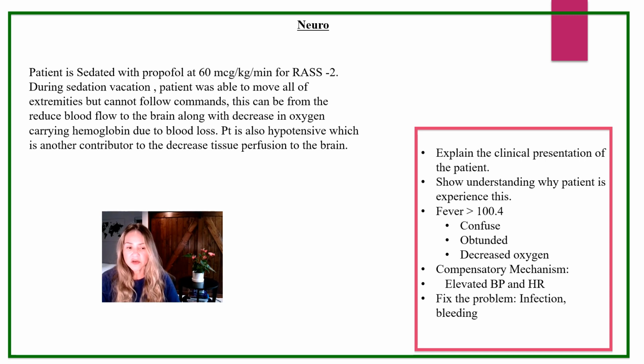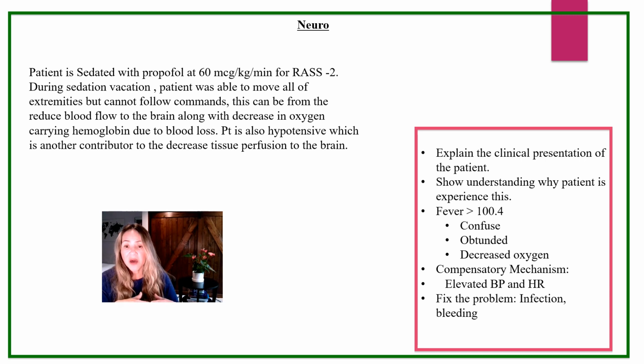And to do that, you need to understand that oxygen is one of the most important things for your brain. Your brain only cares about two things, glucose and oxygen. And when you don't have enough oxygen is when you're going to start seeing changes in mental status in your patient.